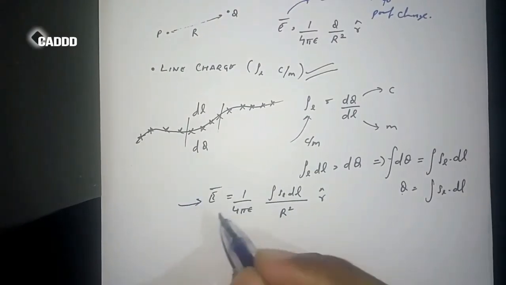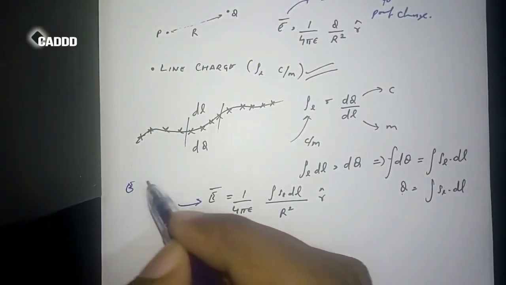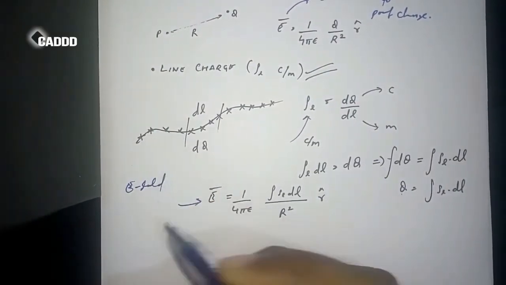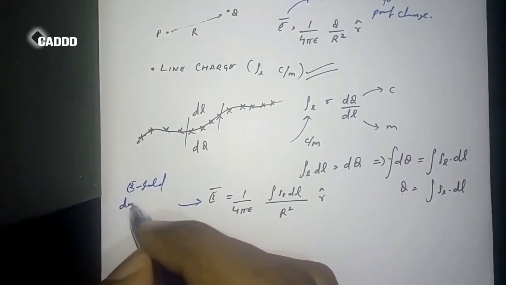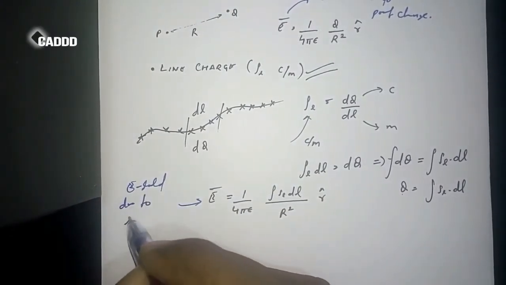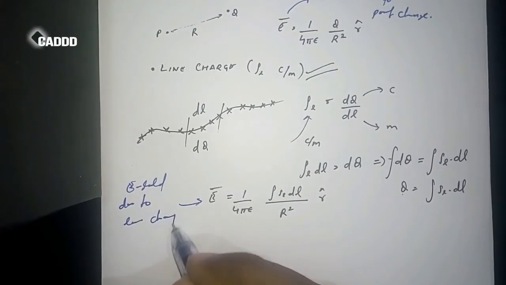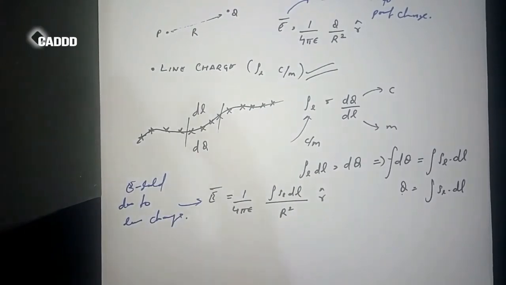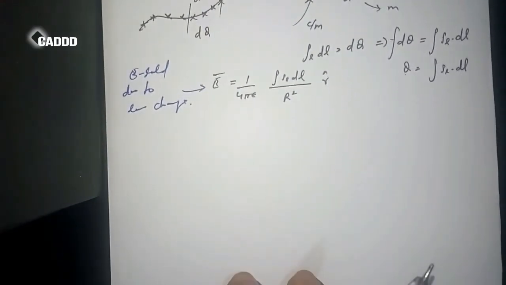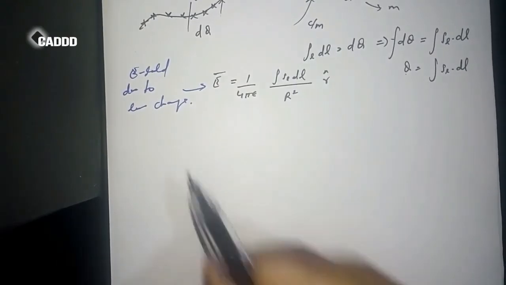This we will call the electric field due to line charge. Now the next thing is surface charge.